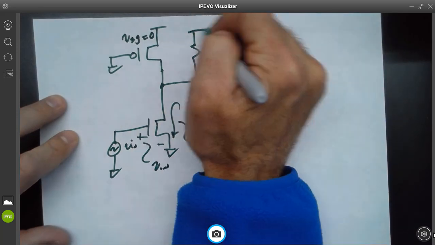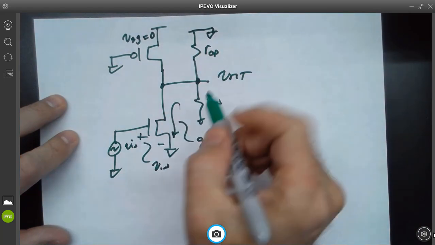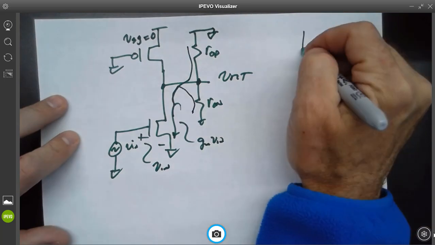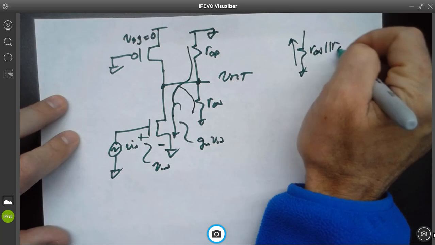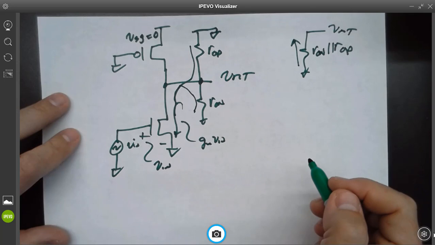Now, wouldn't you agree these are both in parallel? So that'd be R out N in parallel with R out P, and the currents are flowing backwards through them. In other words, they're flowing like this. Everybody agree with that?